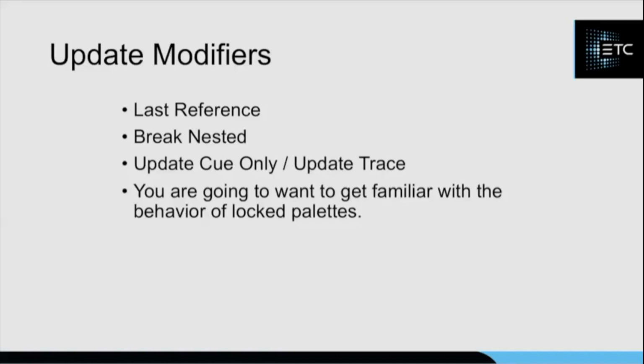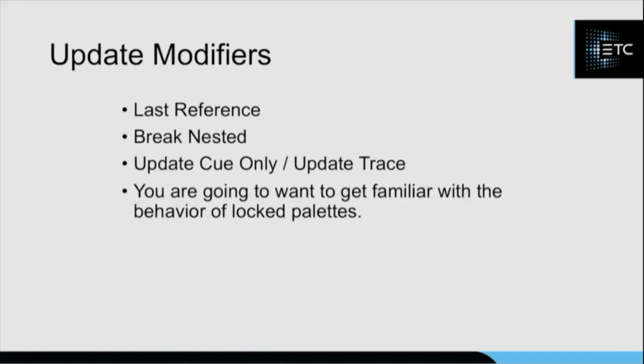I could update, make absolute and break all my references, but I want to update the preset because I'm only using the preset in this queue, and I don't want it to modify the palette that the preset was built on. And that's what break nested lets you do. It lets you pull the data out of the palette and put it directly in the preset and not have to worry about changing that building block by mistake. I'm sure that there will be questions about that.